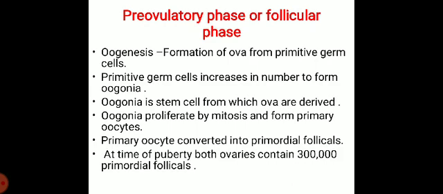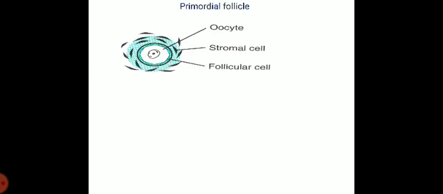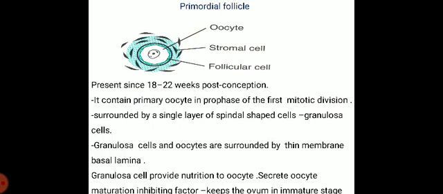At the time of puberty, both ovaries contain 300,000 primordial follicles. Primordial follicles are present since 18 to 22 weeks post-conception. A primordial follicle contains a primary oocyte in prophase of the first meiotic division.